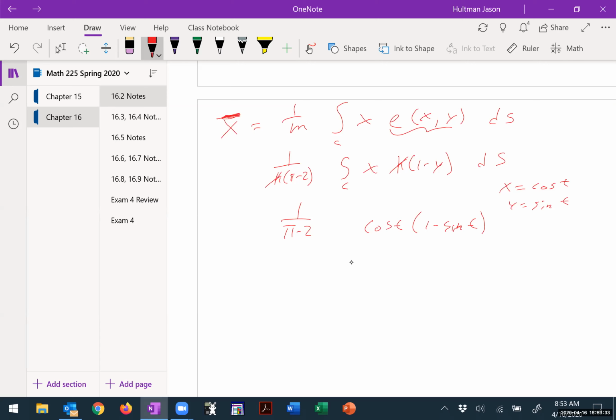I don't want to skip this: this is times the square root of negative sine t squared plus cosine t squared. But you understand that this thing is just going to equal 1. I don't want you to think that we didn't include it. This ds means that when I parameterize, I have to have that arc length. This is the arc length function. Now it's dt, and t is going to go from 0 to pi.